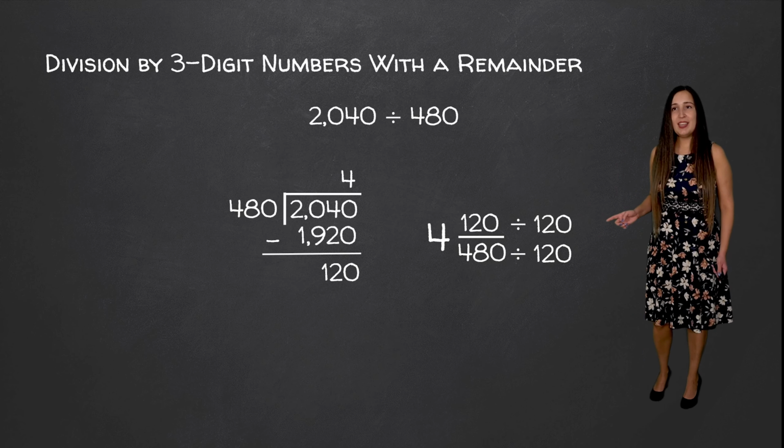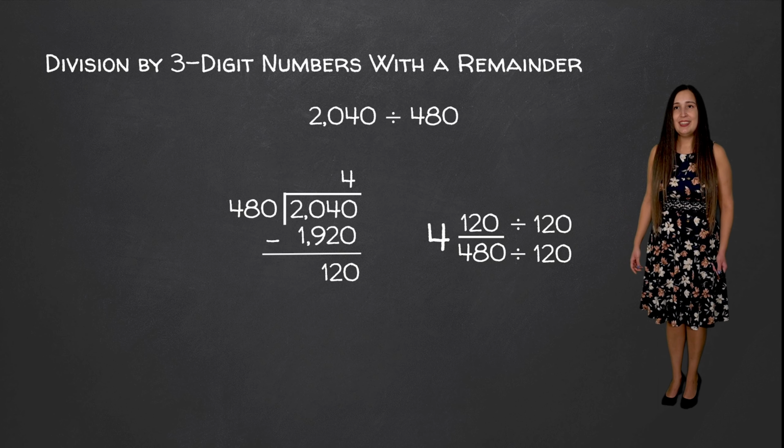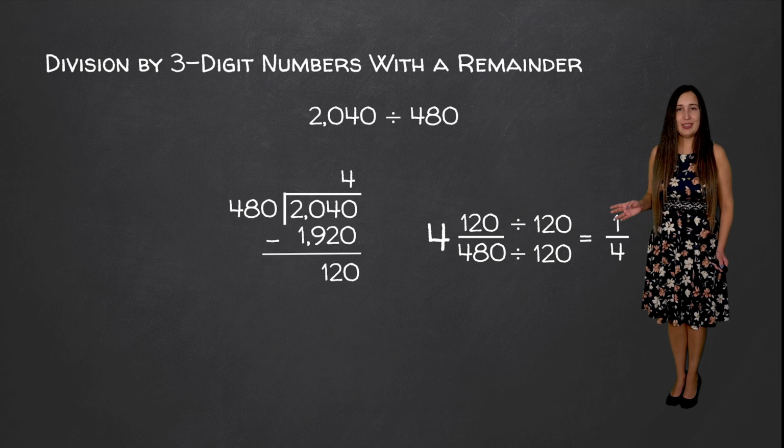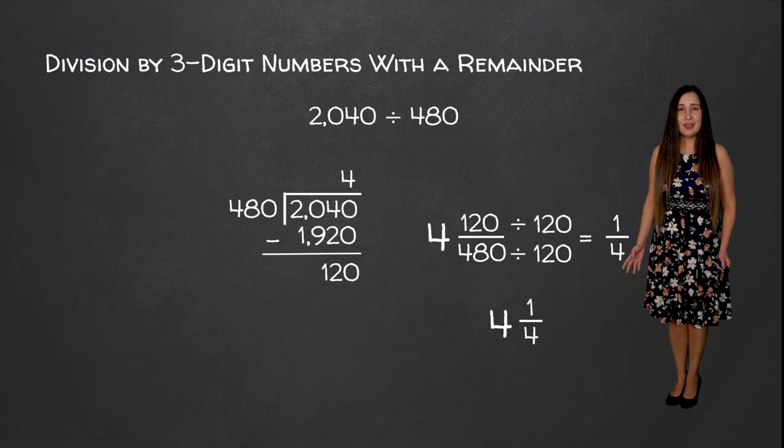So if we divide them both by 120, we end up with 1/4. And that's because 120 divided by 120 is equal to 1, and 480 divided by 120 is equal to 4. So that's our final answer. 2040 divided by 480 is equal to 4 and 1/4.